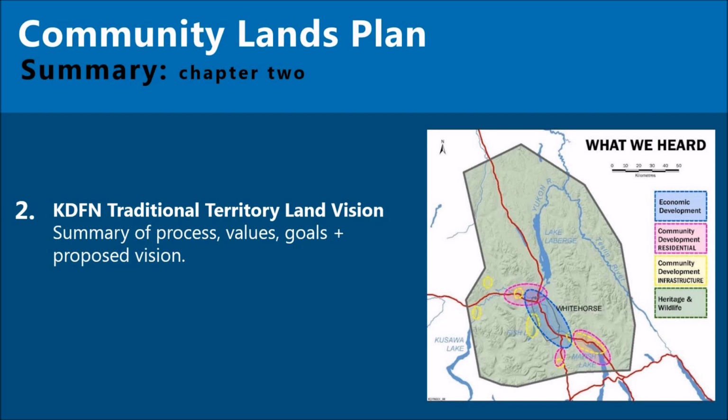The second chapter is really a summary of the traditional territory land vision. So it talks about the process we went through to develop that land vision. We speak about the values, the goals of the land vision, and the proposed vision itself. So on the right side of the screen, we have an image of the feedback that we received from the community, which we put together in this map, which basically centered around 4 goals, and these 4 goals were really the core of the land vision.